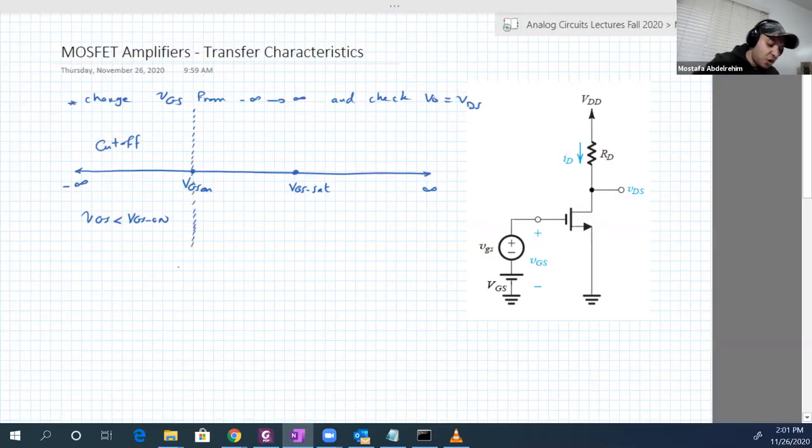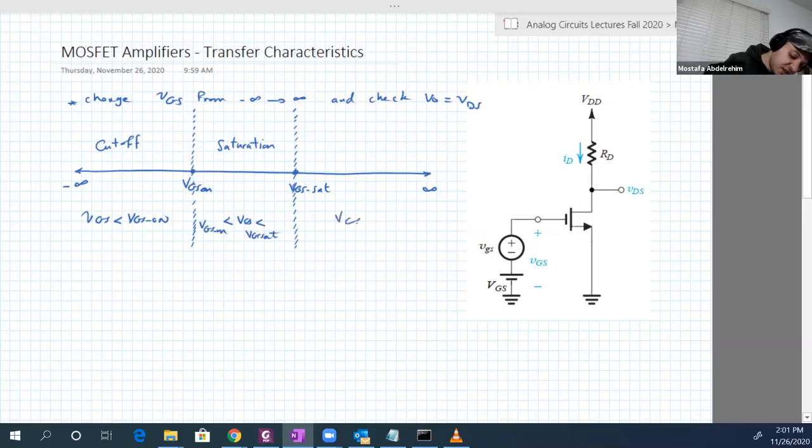Then between VGS on and VGS set, we have another region of operation, which is the saturation region. So here VGS is larger than VGS on and less than VGS set. And for VGS larger than VGS set, we will work in linear.